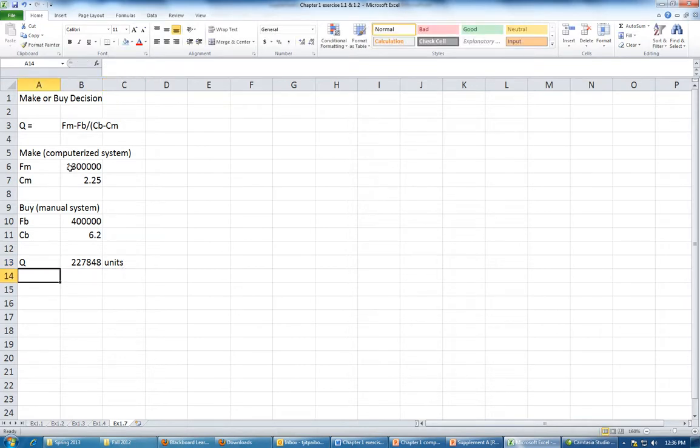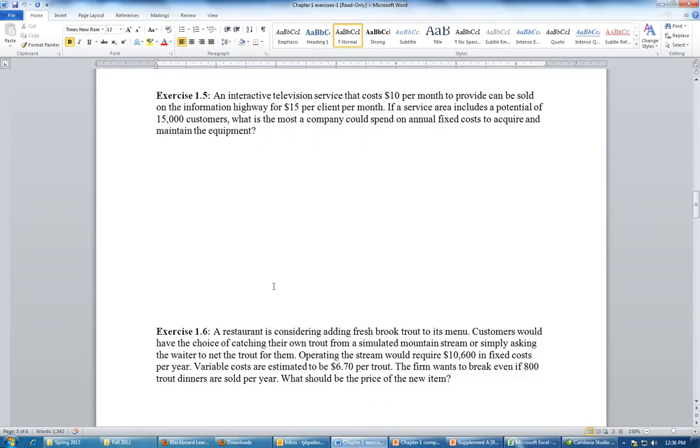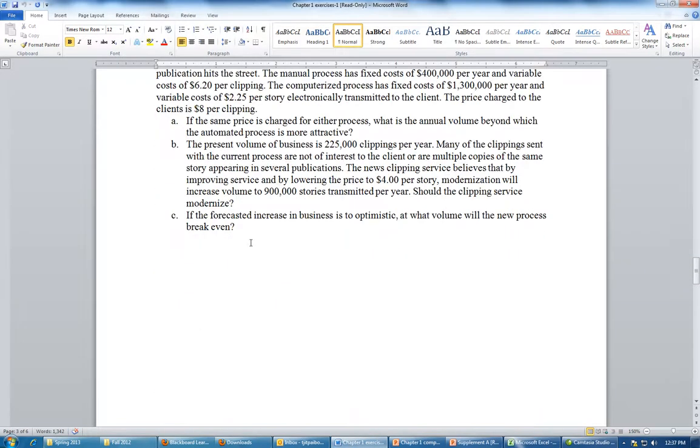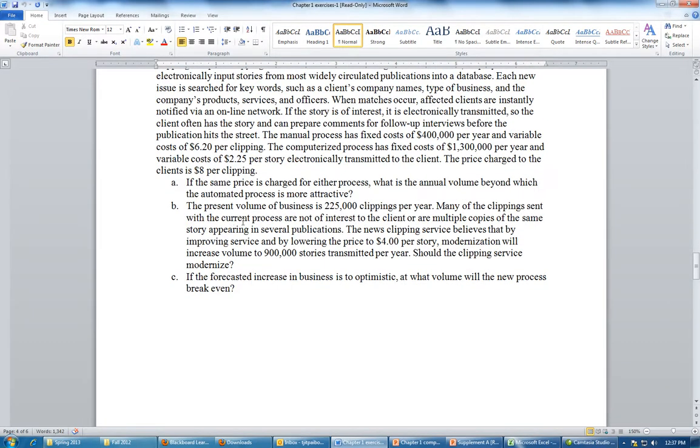Okay, and question B, question 2 asks, if right now the volume is 225,000 and the company would like to go ahead and invest in modernizing.